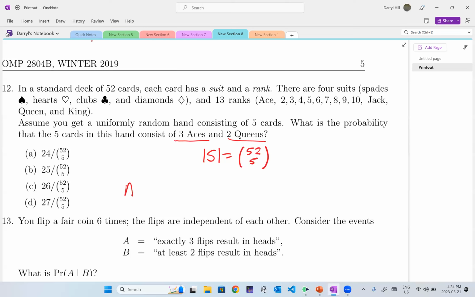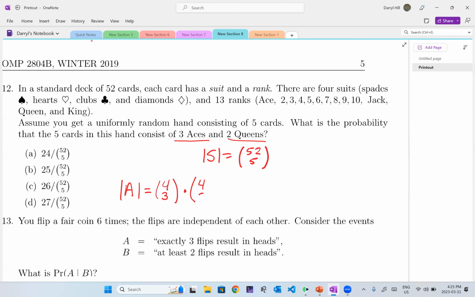Let's call that A. The number of ways I can choose 3 aces out of 4 is 4 choose 3, or simply 4. Let's do it in all of the detail for now. The number of ways I can choose 2 queens is 4 choose 2.